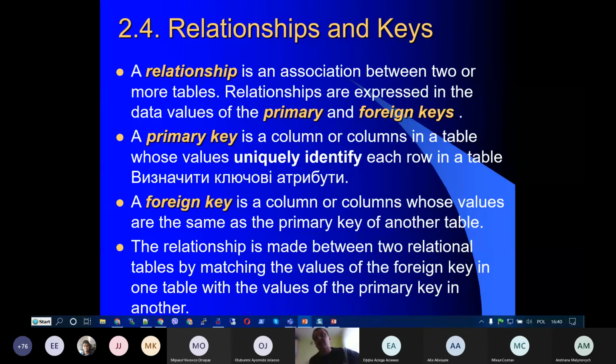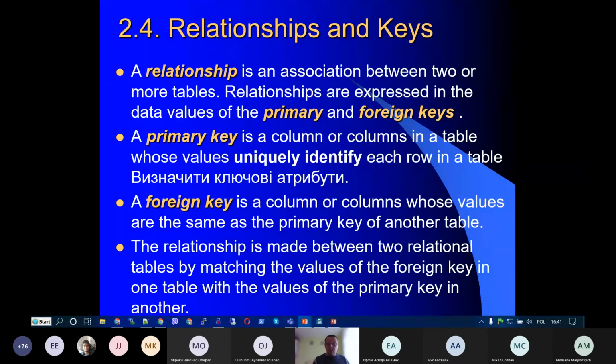That's what I mentioned just a minute ago. Each row must be unique, and we must have the ability to identify and distinguish one row from any other. And it has to be done via the primary key value.